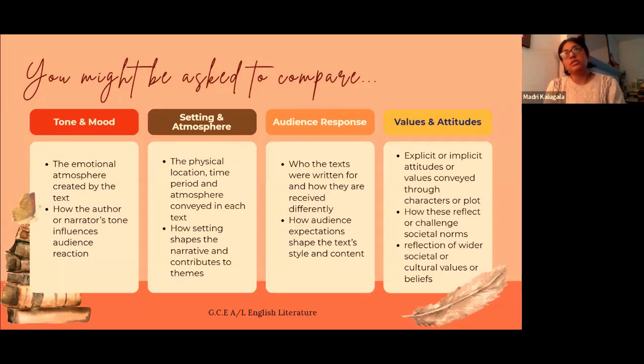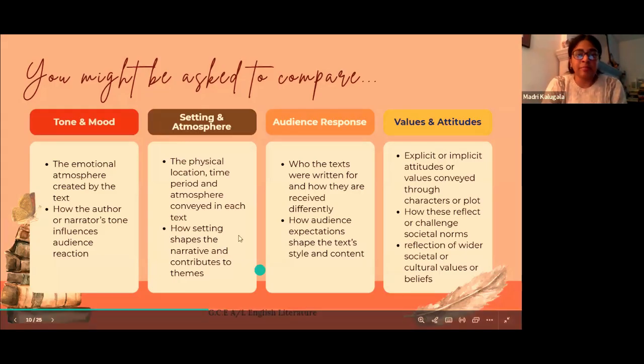So think about in your syllabus, what other text can you compare with it? It doesn't necessarily have to be a short story. Is there some sort of drama that creates that same mood? What about a novel? Is there a very atmospheric, deep and heavy atmosphere created in a novel that you study? So look at those little points of connection, right?